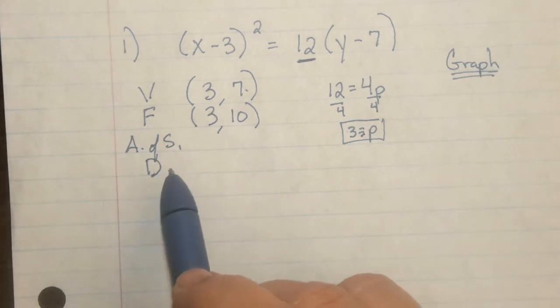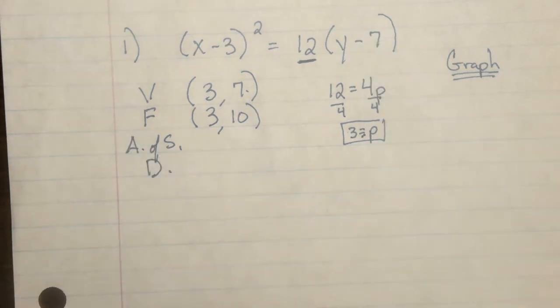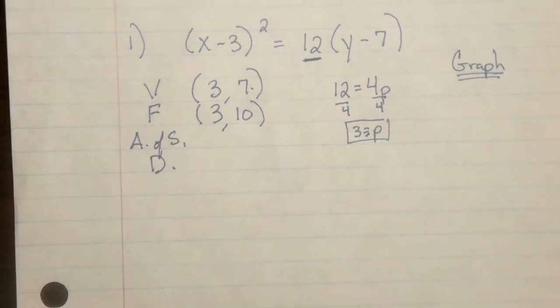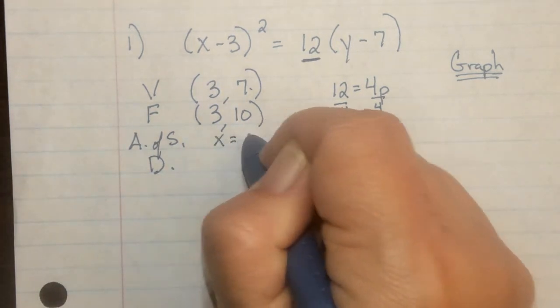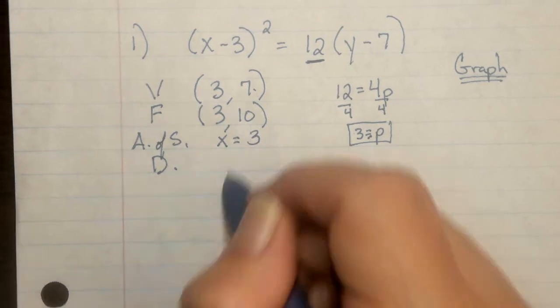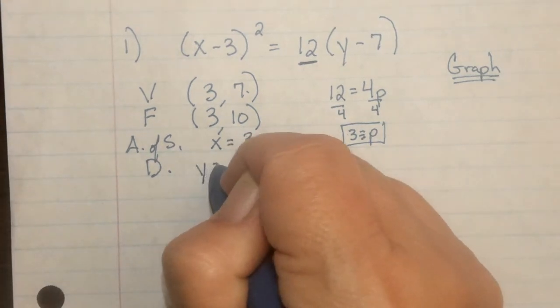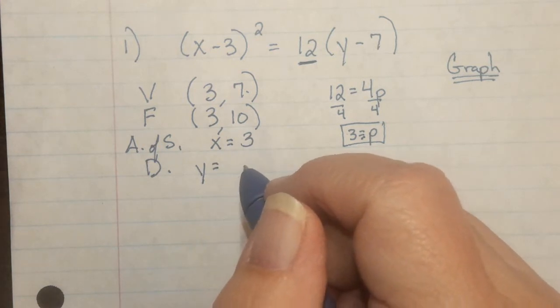So my axis of symmetry, if this is a vertical up and down parabola, my axis of symmetry is a vertical line. So it's x equals 3. And then my directrix is a horizontal line, and my directrix is k minus p.